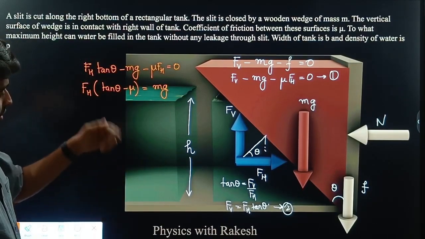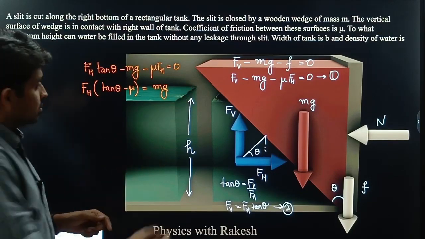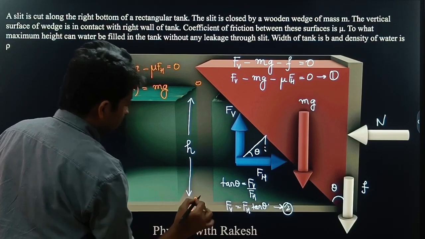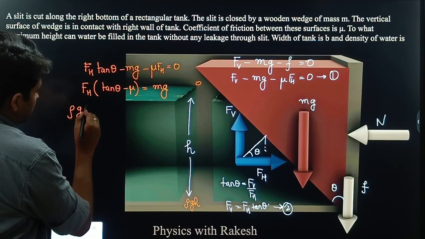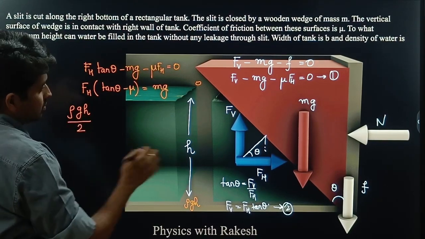What is Fh? Average pressure into area. Average pressure here is 0, here it is rho gh. So average pressure is rho gh by 2. What is the area?